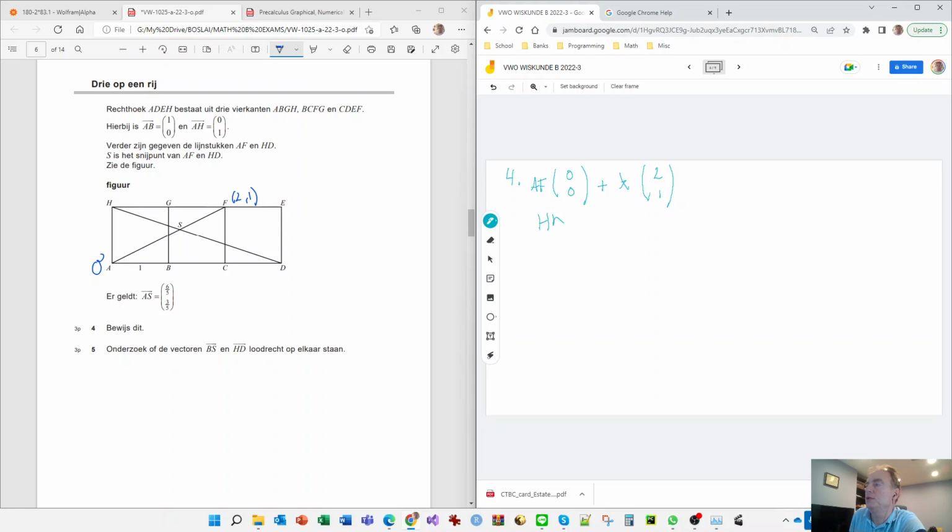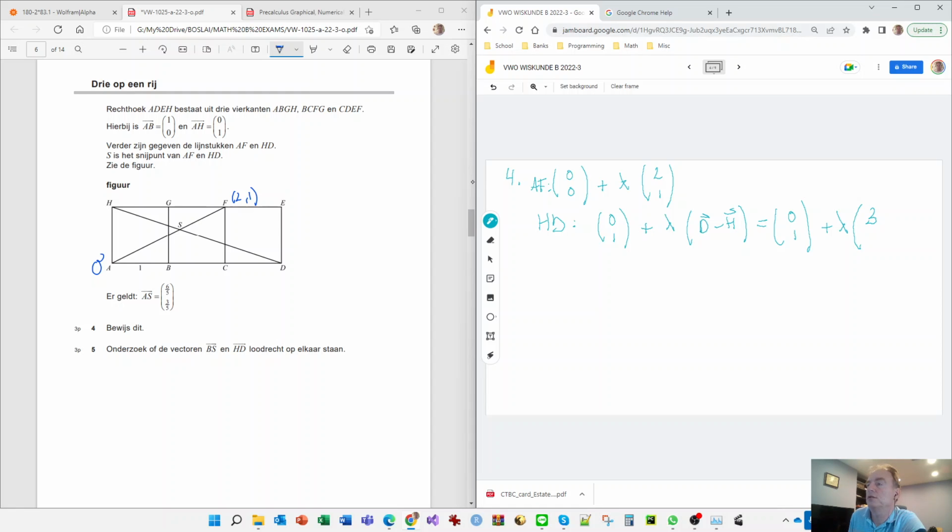Our HD would be, H is on it, so (0, 1), but then plus some lambda times the vector from H to D, so it's D minus H. The x coordinate is 3 for D, 0 for H, so it's 3.